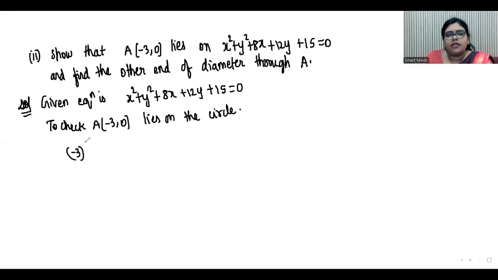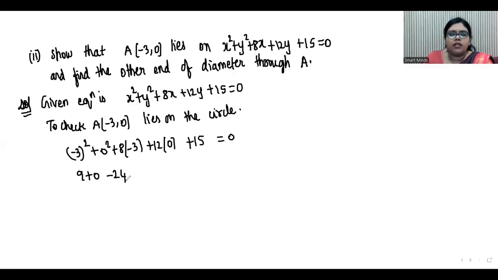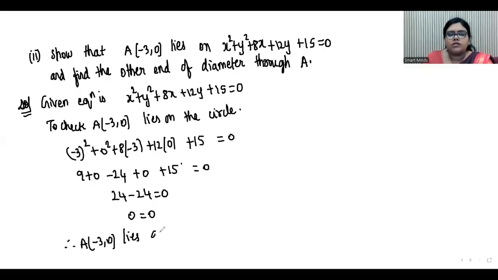So (-3)² + 0² + 8(-3) + 12(0) + 15 = 0. 9 + 0 - 24 + 0 + 15 = 0. 9 + 15 is 24, minus 24 is 0. So 0 = 0. Therefore, A(-3, 0) lies on the circle.